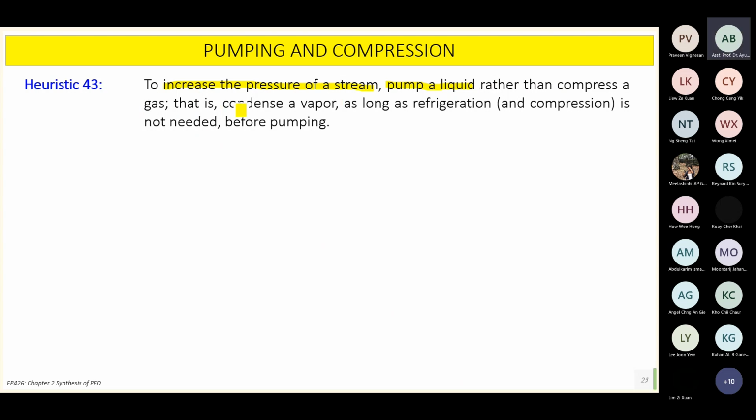That is, condense a vapor, as long as refrigeration and compression are not needed. In a common case, for a vapor, if you need to increase the pressure of the stream, consider condensing the vapor into liquid first, then pump the liquid. The key point here is to increase the pressure of a stream.